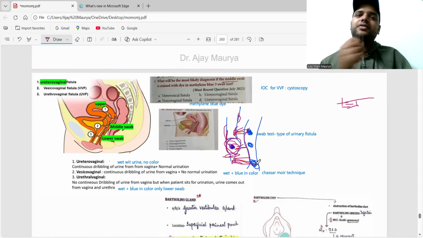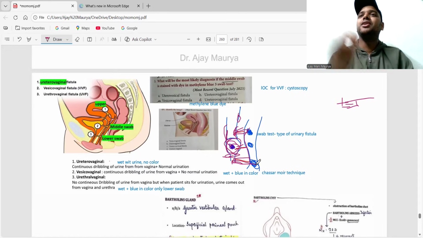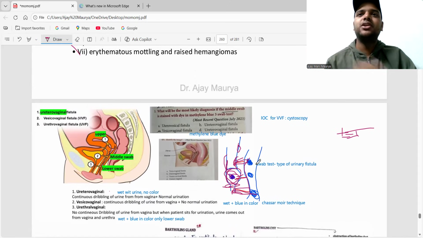Next one. In order to identify this, we are going to do the swab test. This is called the swab test to identify the type of urinary fistula.